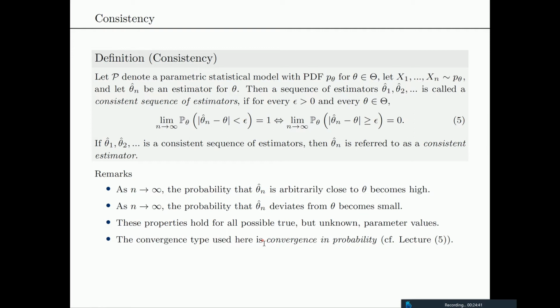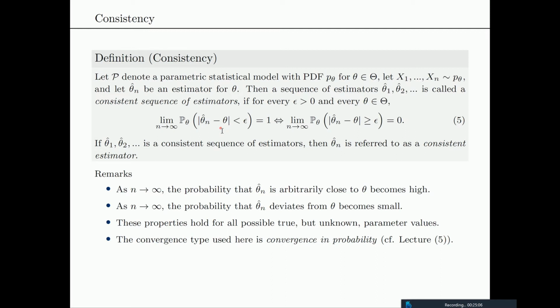Convergence in probability is always that you have a limit of probabilities of something, and we've already seen things like convergence in distribution, where it's about the CDF, and almost sure convergence, where it's about the probability of some limiting process.